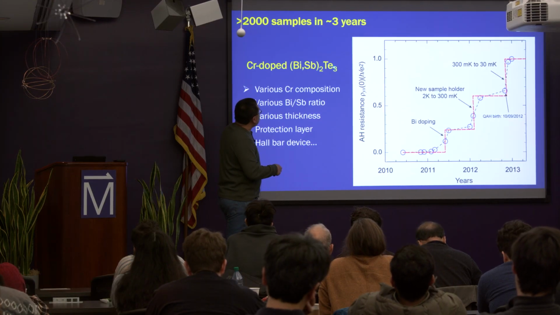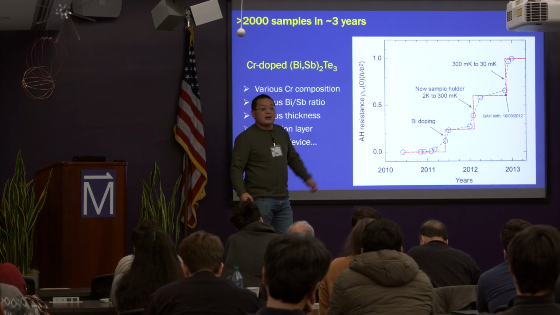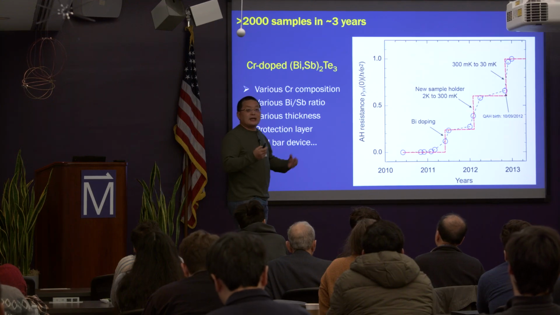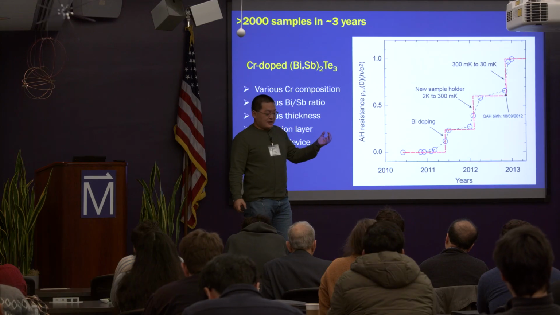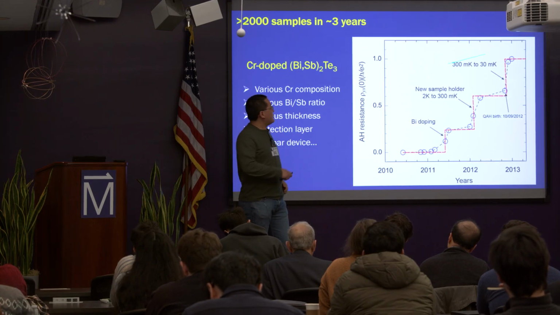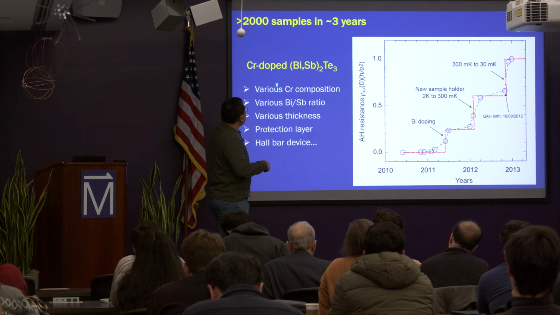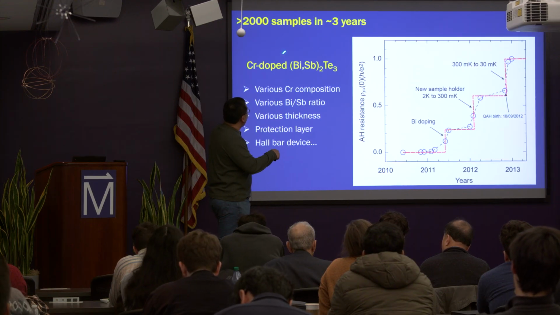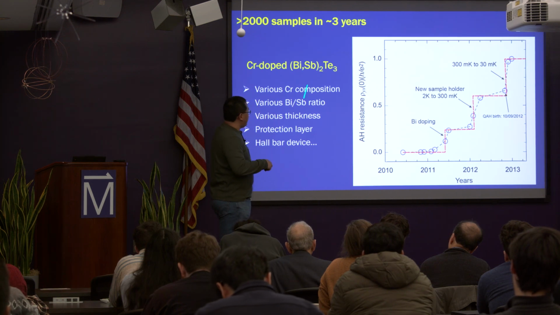Bismuth telluride is n-type and antimony telluride is p-type, so we mix them together to get insulating behavior. Chromium doping is to get the ferromagnetic property, to satisfy the three conditions: insulating, ferromagnetic, and topological. In this four-element material, we tried different chromium doping levels, different bismuth antimony ratios to make the sample insulating, different thicknesses of the samples, and different protection layers.